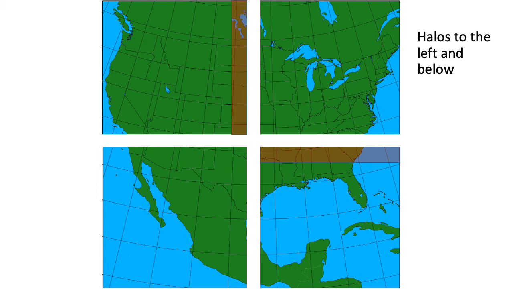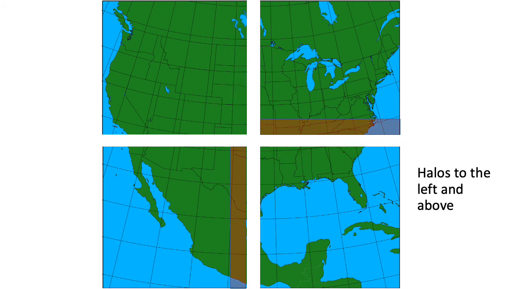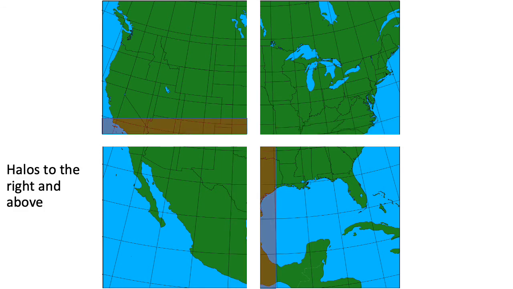The lower right patch has halos to the left and above. The lower left patch has halos to the right and above.